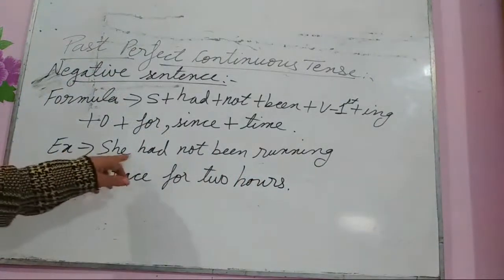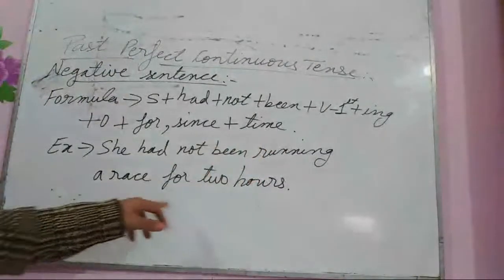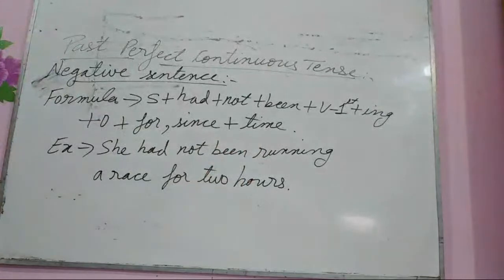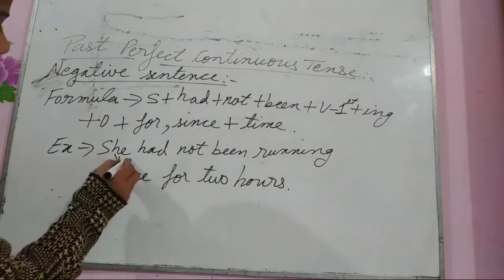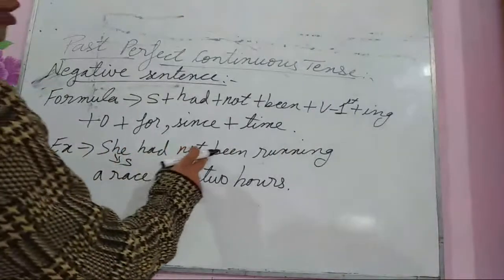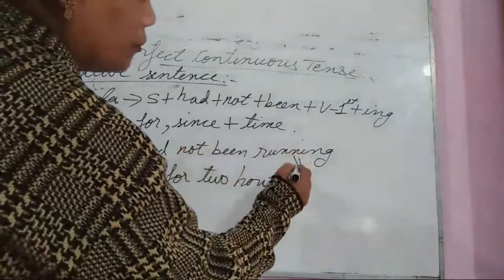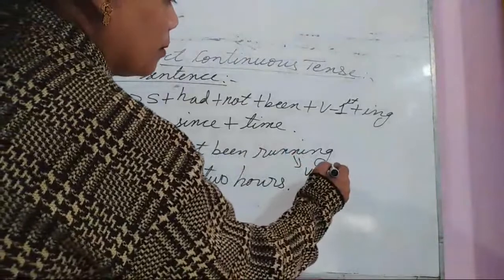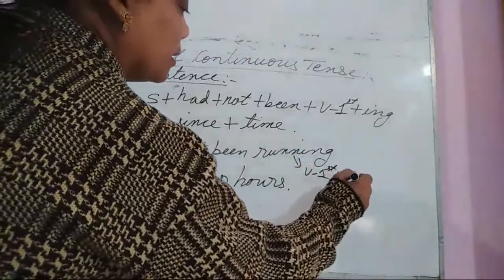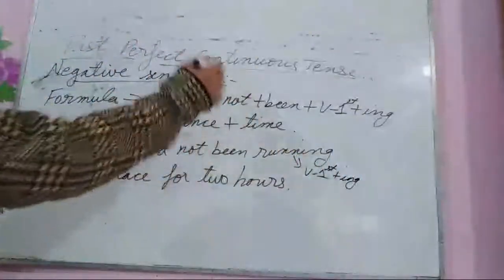The example is, she had not been running a race for 2 hours. So according to the formula, she is the subject, had not been running is the verb of first form plus ing, as it is in the continuation form.